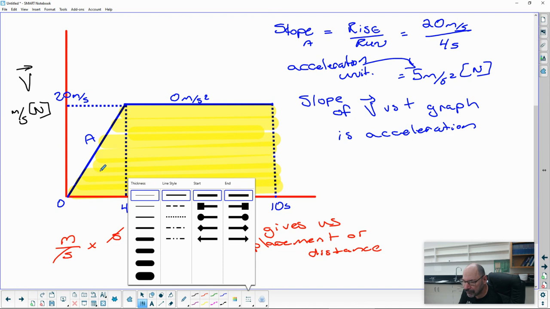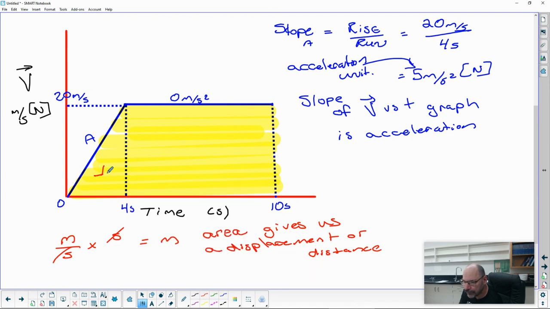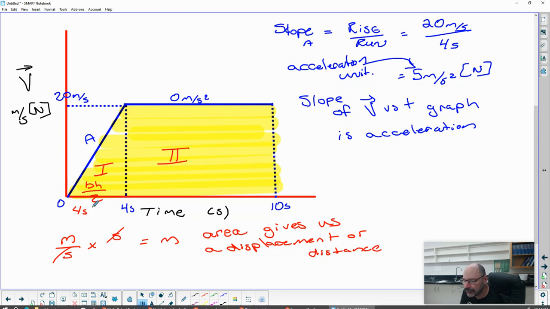Okay, so if we wanted to figure that out, we could get the area of this triangle. The area of a triangle is base times height divided by 2. In our case, our base is from 0 to 4, and our height is from 0 to 20, divided by 2 for the formula.